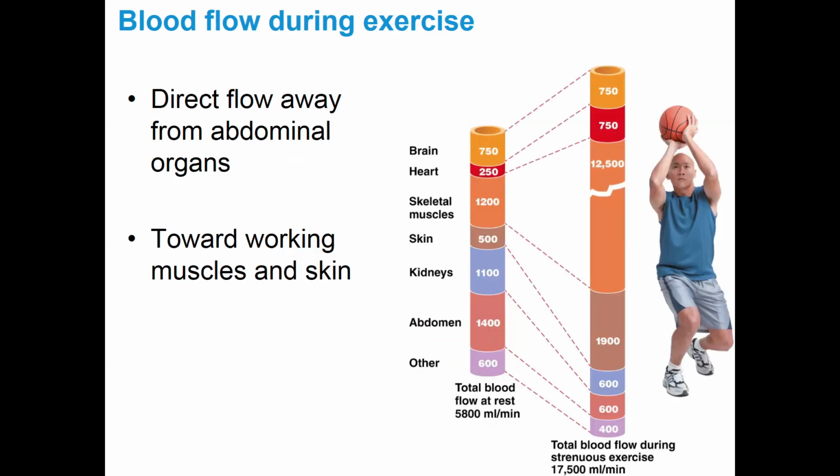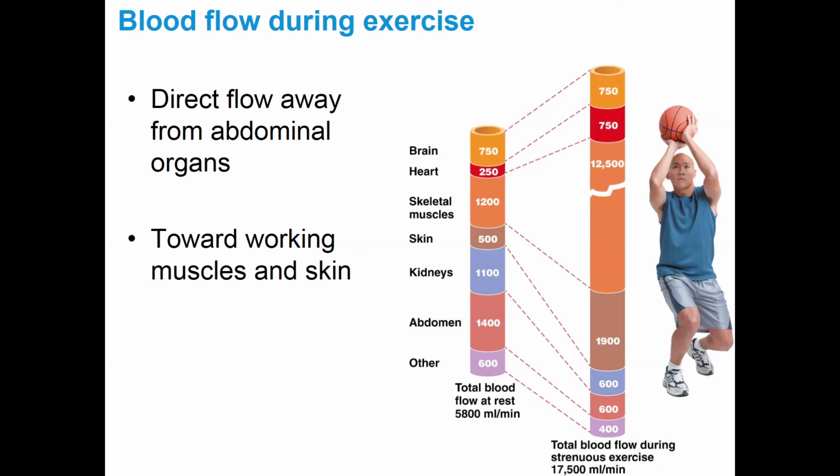And so what you've got here is just a graphic of the change in blood flow in terms of where it's directed at rest and during exercise. You can see at rest, this person has almost 6 liters of blood, so 5800 mLs. All these numbers are milliliters of blood directed toward each of these structures at rest. One of the things you'll see here is that the brain, as you would expect, gets its blood flow and it stays pretty constant no matter what.